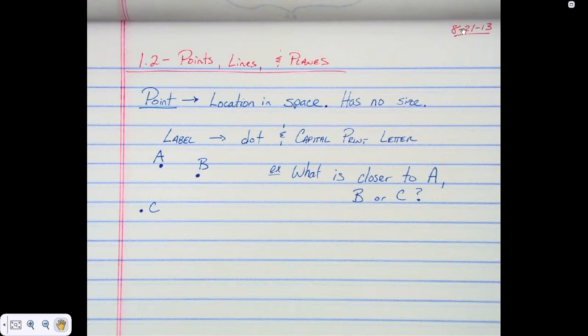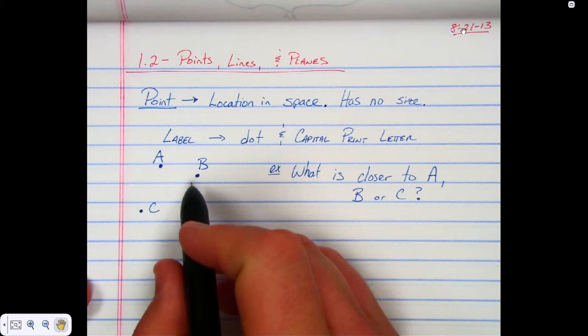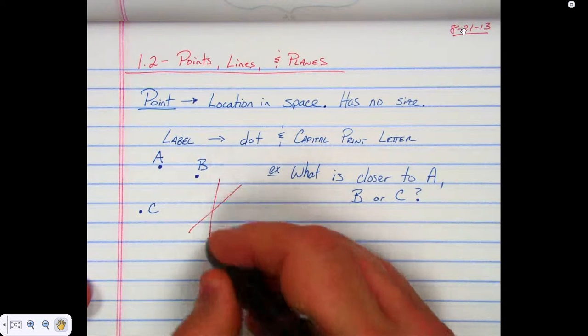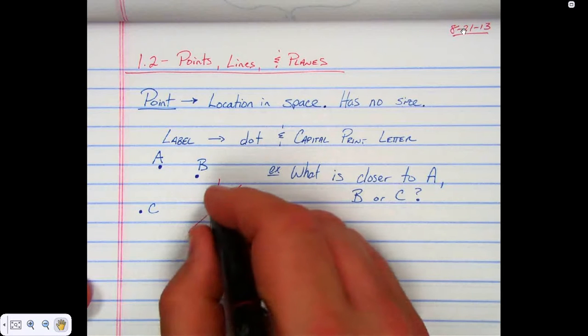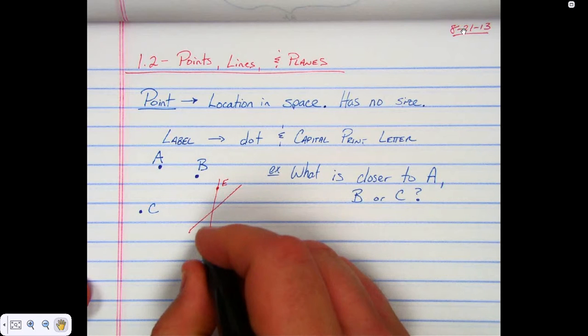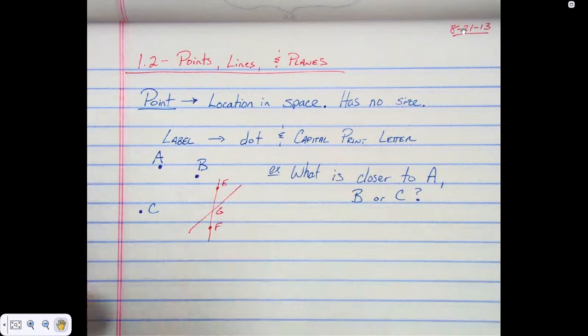So that's important. Now, another thing that you need to realize is we don't always have to use a dot. Let's say I had two lines drawn right here. I had a dot put here and I made this E. I had a dot put here and I made this F. And then I wrote a G here.